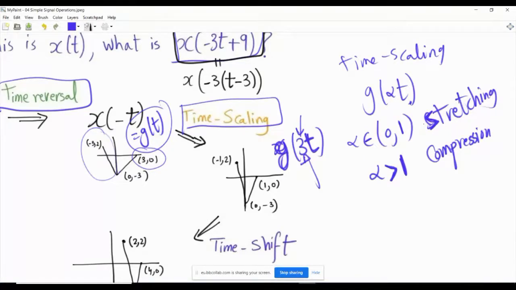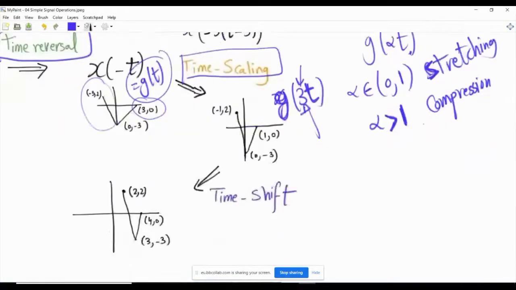But here I'm talking about time scaling, and it is recommended that you say time scaling and not just the word scaling. It is related to the horizontal axis of time.